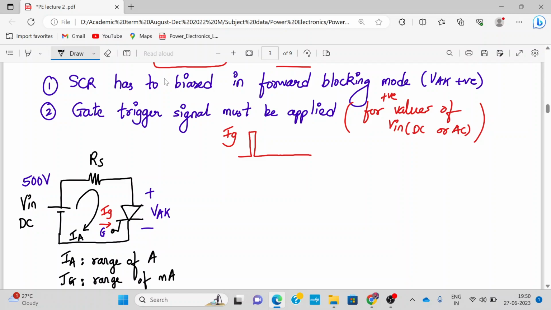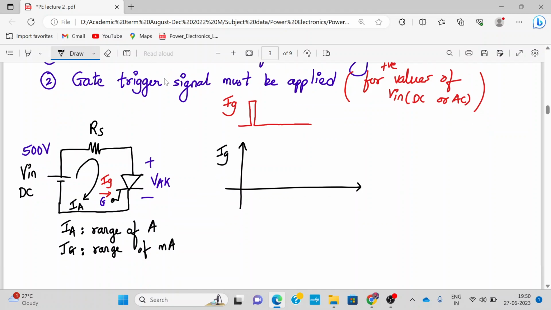All right. Now as we saw, the gate signal should be like this. This is my gate current signal. Now let us try to understand the behavior of the circuit with the help of waveforms. So let me first draw IG. We know how the IG will look. It's a one-time pulse. Let's say we can control where it will start. We can start directly at 0 also, but let us say that we have delayed it quite a bit.